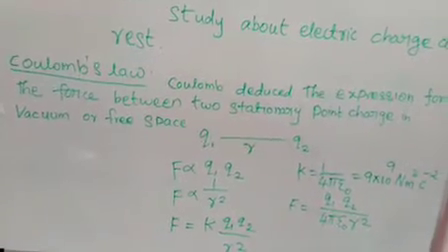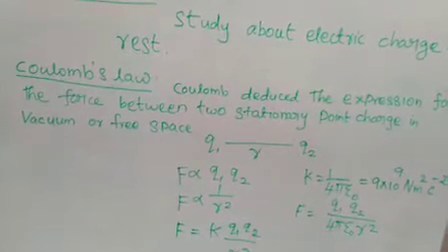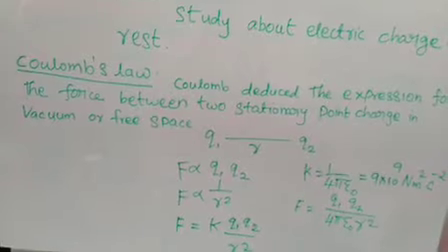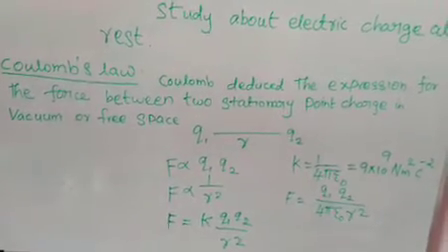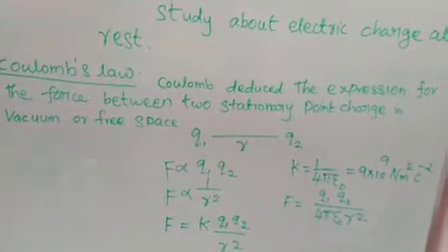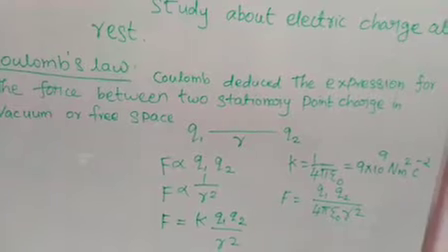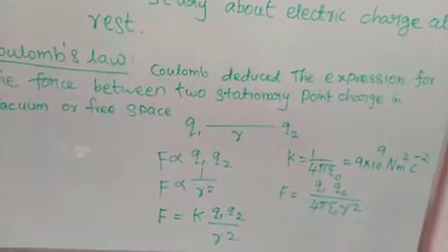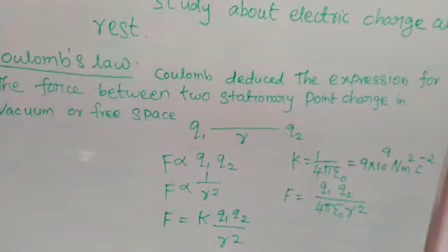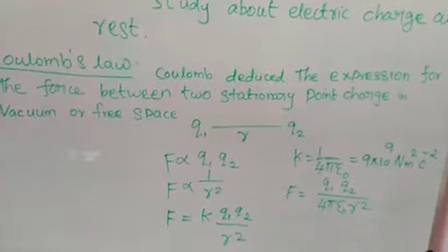That force is directly proportional to the product of the two charges, that is F is proportional to Q1 Q2, but inversely proportional to the square of the distance, that is F is proportional to 1 by r square. Combining these two, we obtain F = K Q1 Q2 by r square.